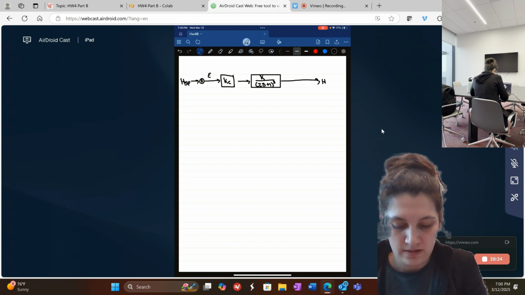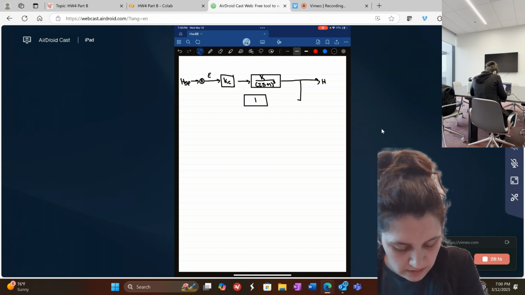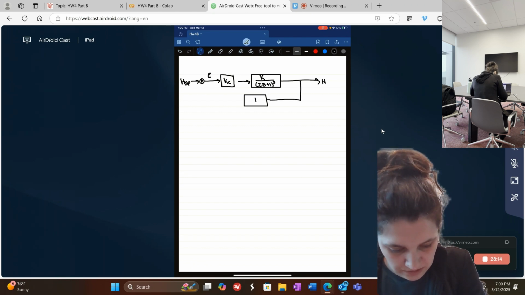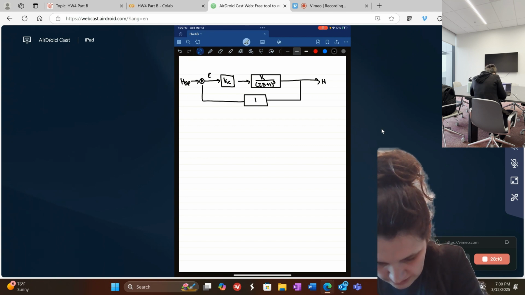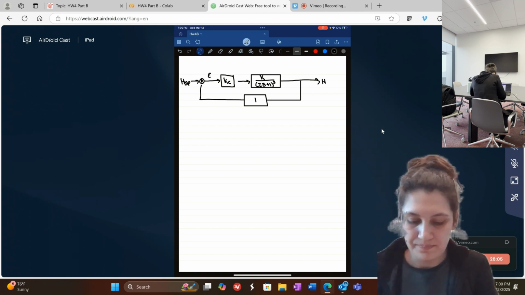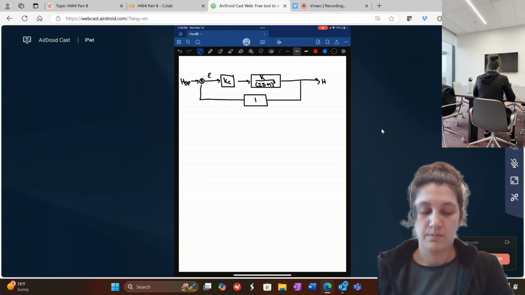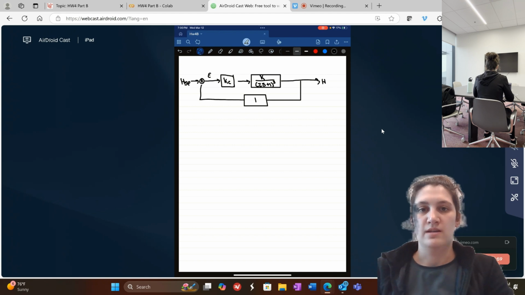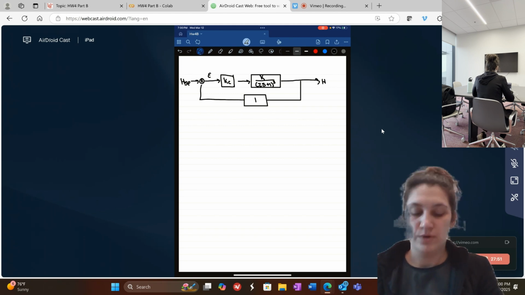And then we need a measurement device to see what our actual height value is compared to our set point. Perfect. So now we can evaluate how our height h changes with change in set point.